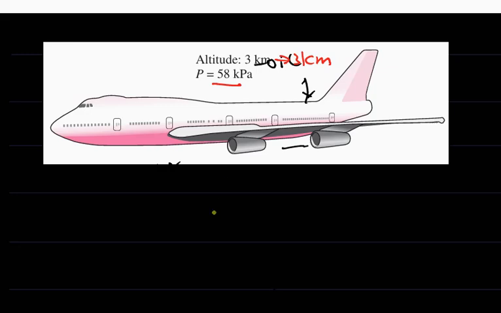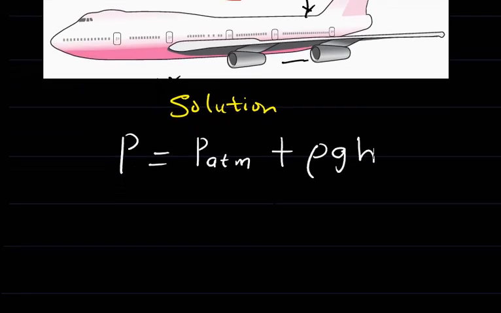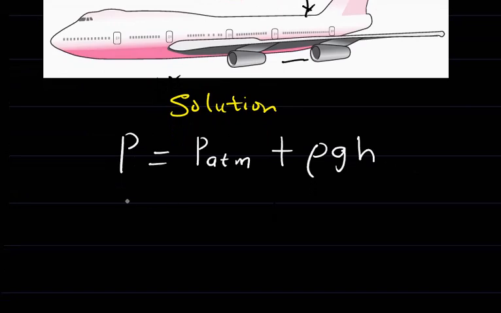Of course, you know the formula that the absolute pressure is equal to the atmospheric pressure acting at that altitude plus the gauge pressure. The gauge pressure is measured as the density of the air multiplied by acceleration due to gravity, then multiplied by the altitude h. So in this case, we are being asked to calculate the atmospheric pressure.